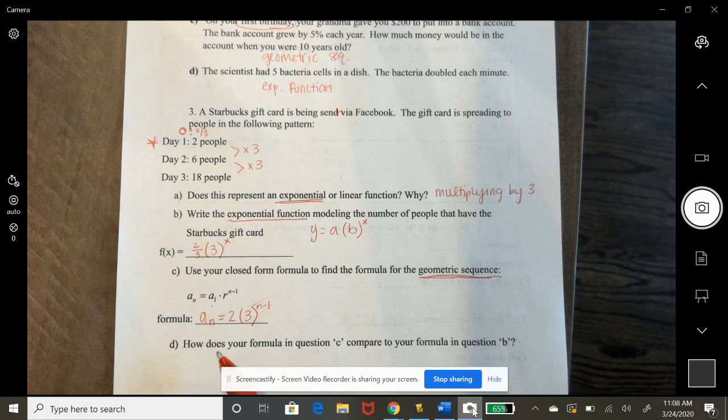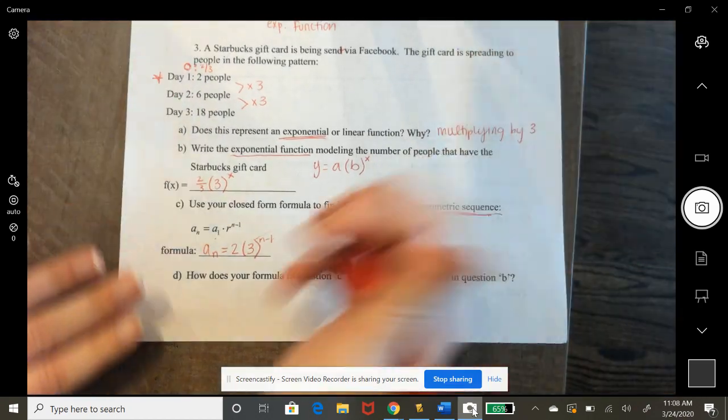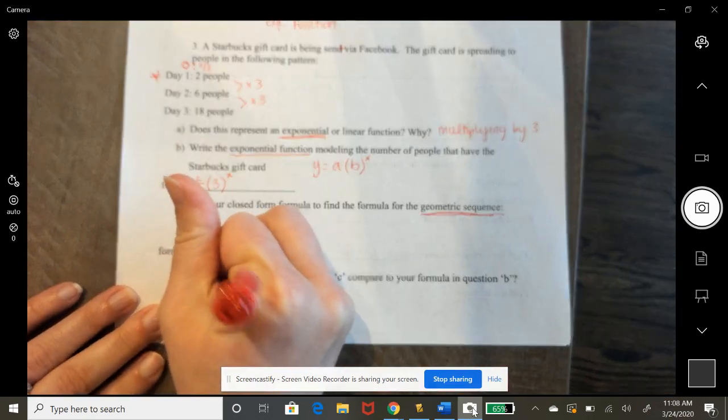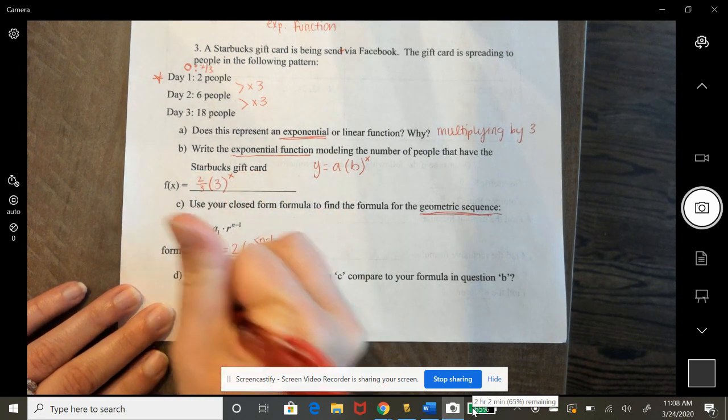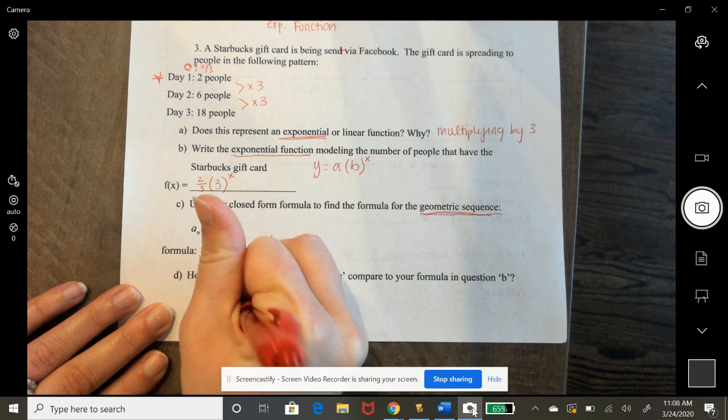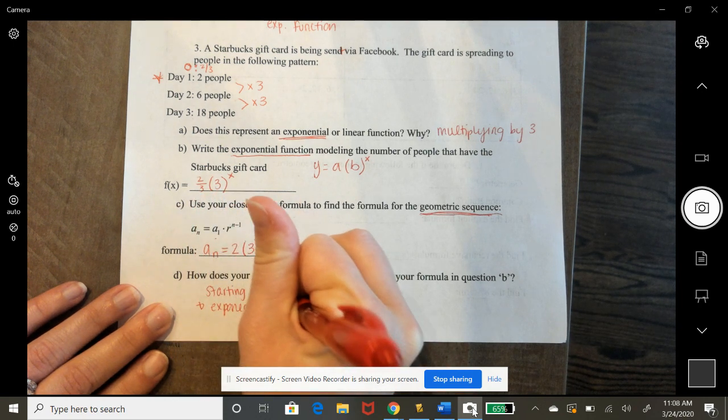Okay, so if you compare the formula from question B and question C, okay, they still have the same ratio, but the differences are going to be your starting value and your exponent are different.